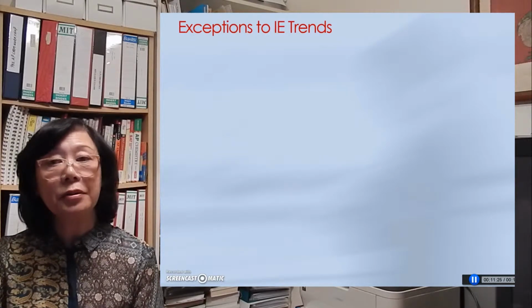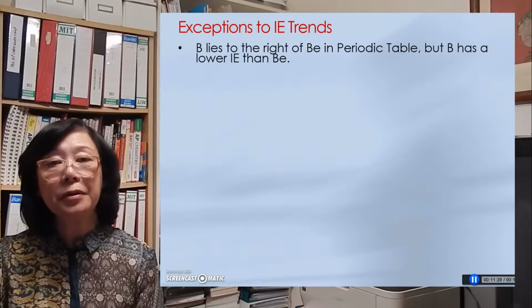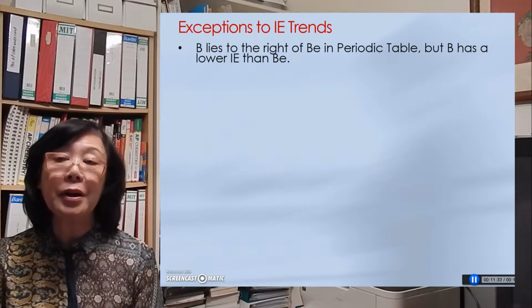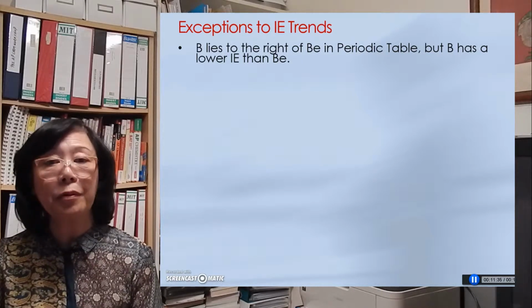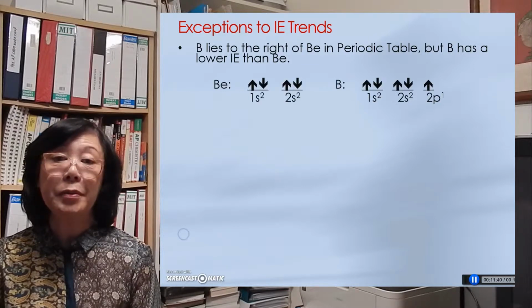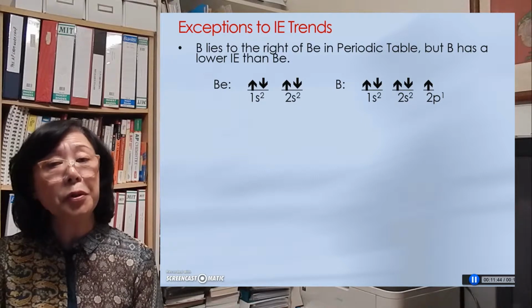There are exceptions to the ionization energy trend. If you look at your periodic table, you notice that boron lies to the right of beryllium, yet boron has a lower ionization energy than beryllium. We may ask ourselves why, and if you look at the electron configuration, you will know why.